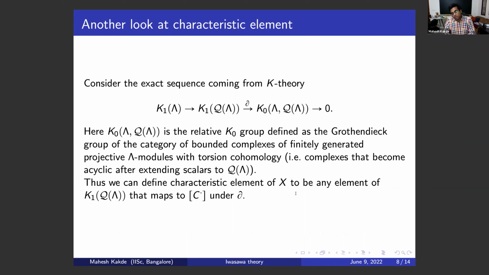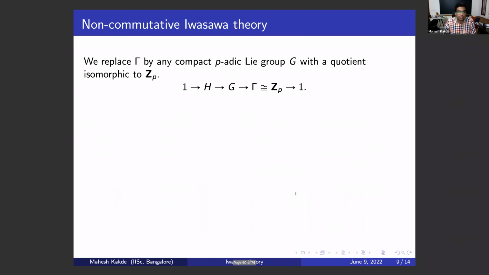The most satisfying description that we have is only for certain kinds of non-abelian groups. So what we do is we replace our ZP by a compact p-adic Lie group. Let's say something like GL2ZP or GLNZP, which has a quotient isomorphic to ZP.